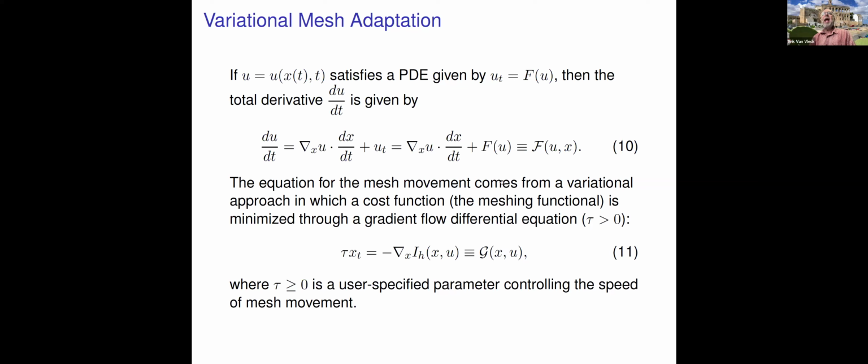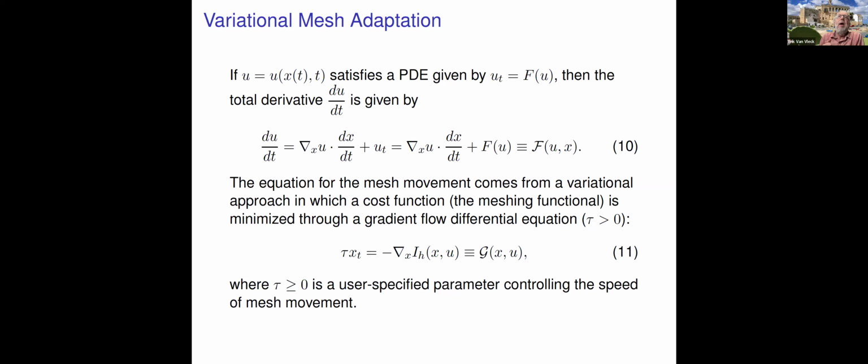So this gives us an extra term in equation 10, this kind of advective term here, because the mesh is moving. So we're solving a slightly different PDE because of this advective term, and we're going to couple that to an equation that moves the mesh. Okay, so that's equation 11.